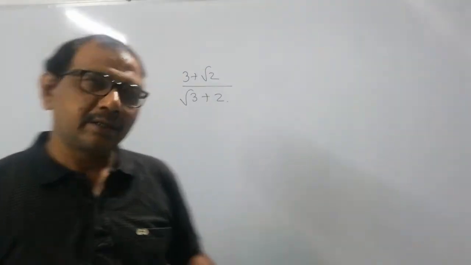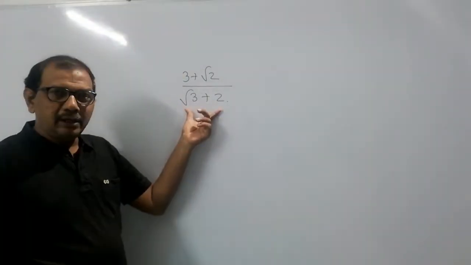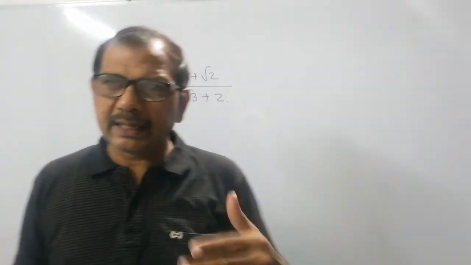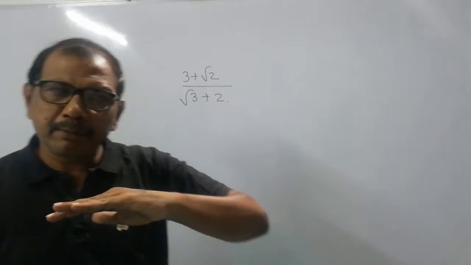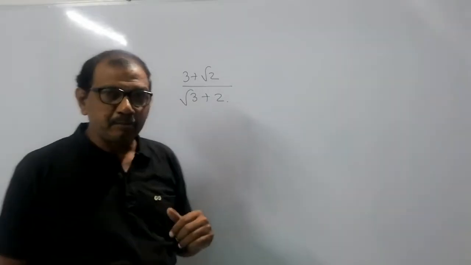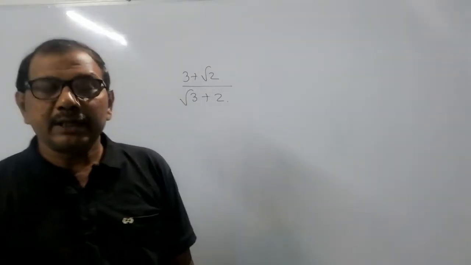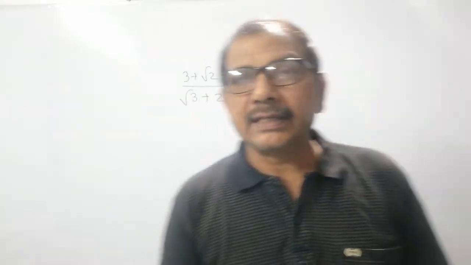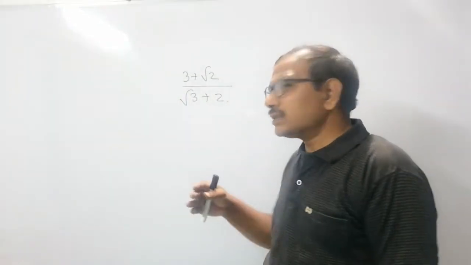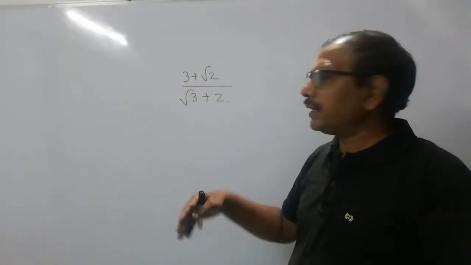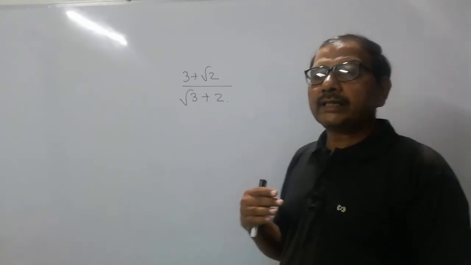Now earlier we had only a monomial, right? So rationalizing it is very simple. Just find the rationalizing factor and multiply the numerator and denominator by it. But now the denominator is a binomial, and rationalizing a binomial is still simpler because here we will not get many rationalizing factors, there will be only one rationalizing factor, which is called a conjugate.